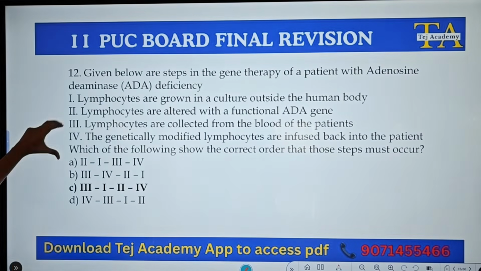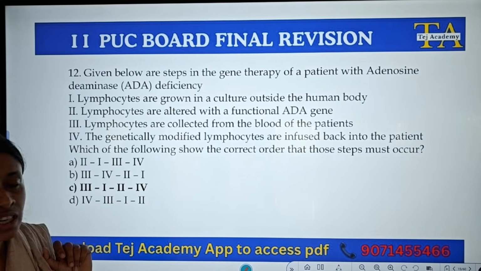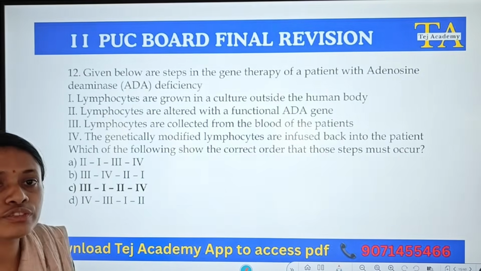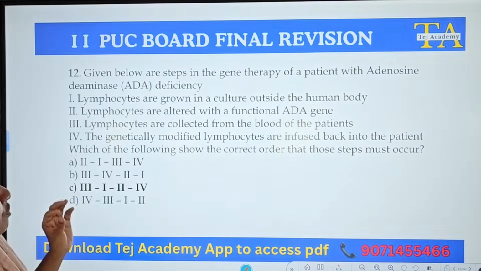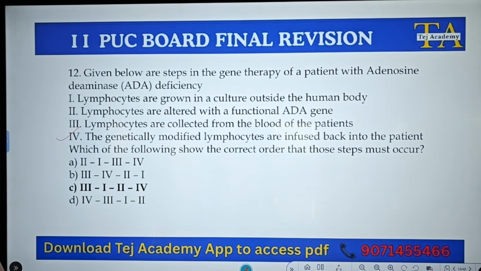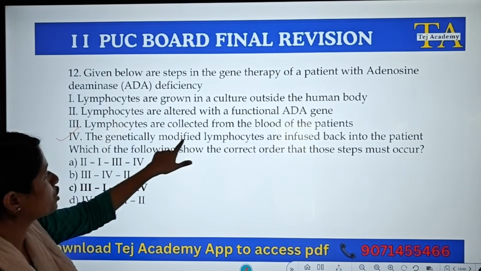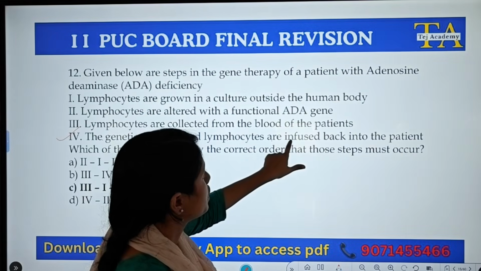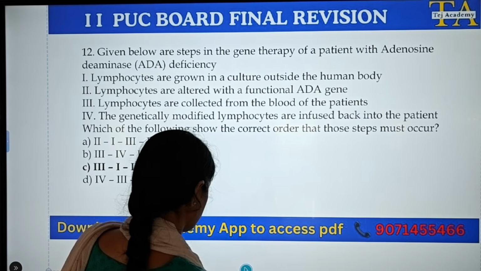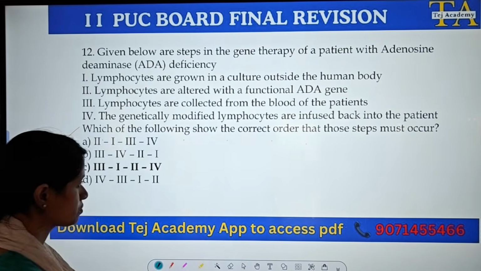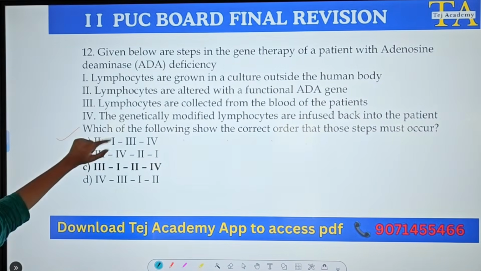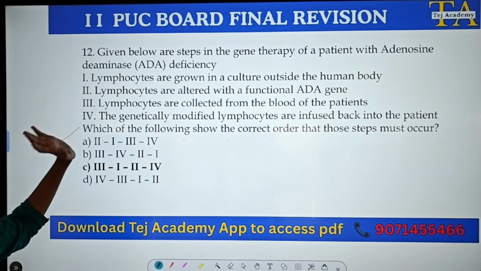So in these 4 statements, it is quite confusing to select which has occurred first and which has occurred last if you are confused with the concept. So first of all, what we can see is that the 4th statement, the genetically modified lymphocytes are infused back into the patient, is the last statement.